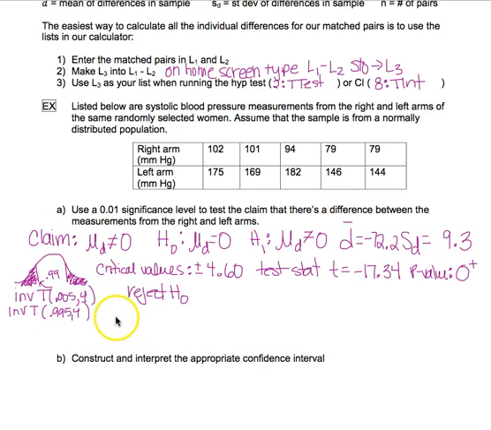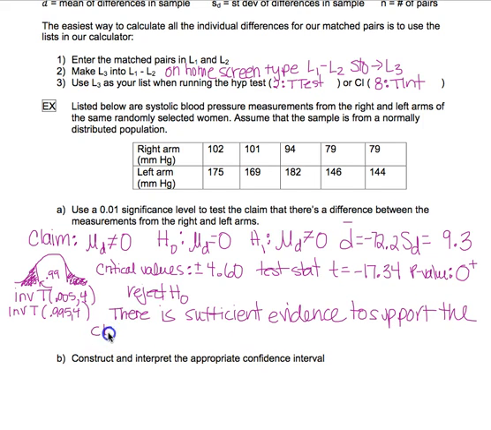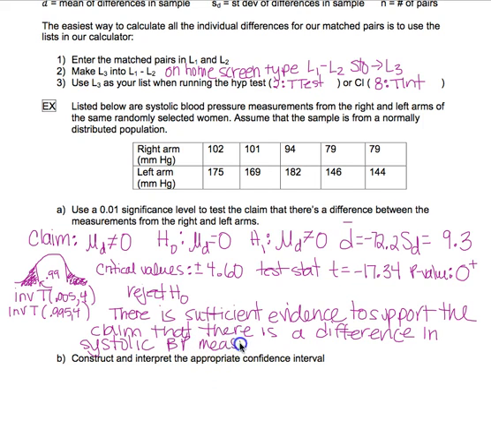So our final conclusion is, because we rejected, that means there is sufficient evidence to support the claim that there is a difference in systolic blood pressure measurements in the right and left arms.